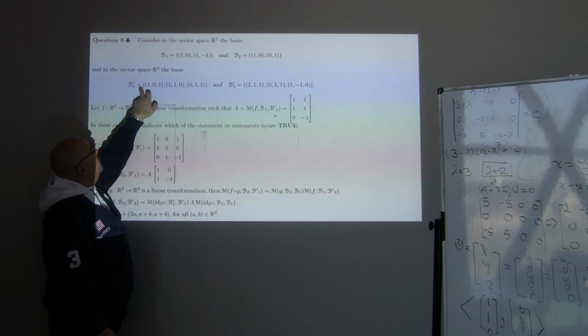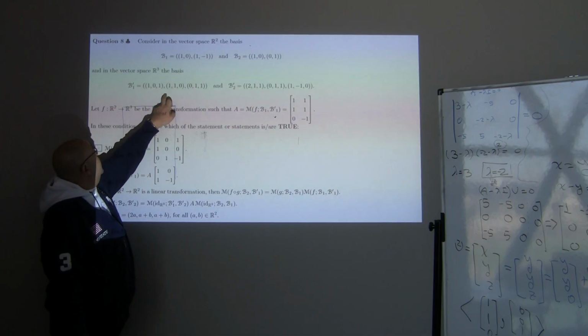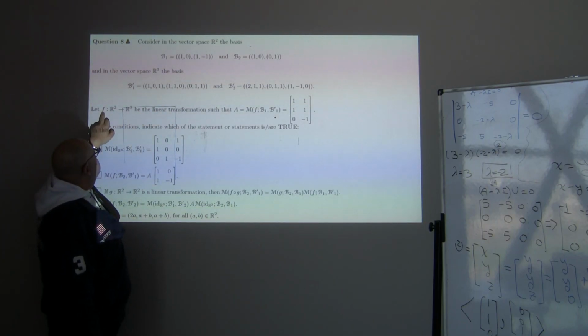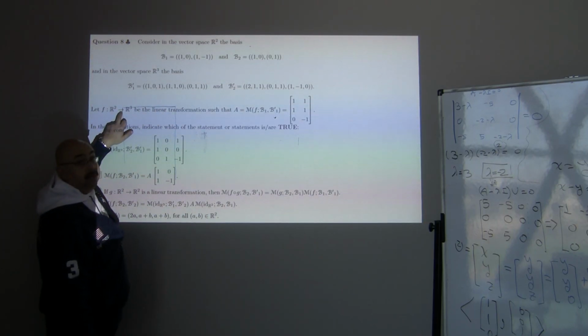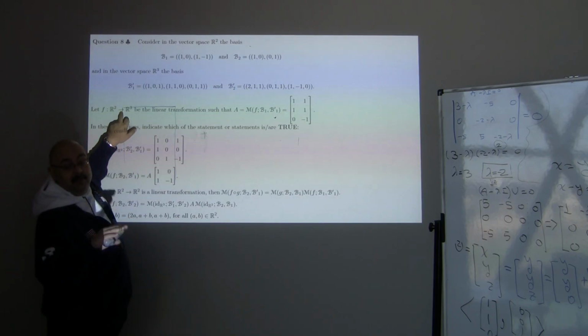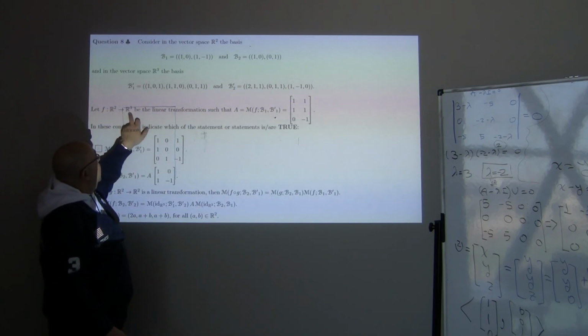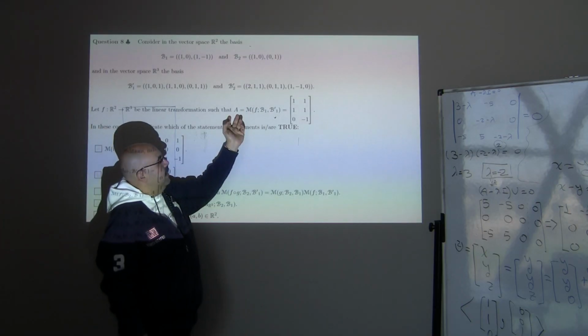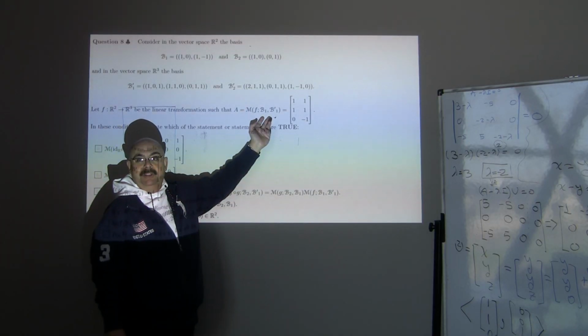So this is B1, B1 dash, B2, B2 dash. He is giving you a move from R2 into R3, so this is the matrix of a linear transform from B1 into B1 dash.